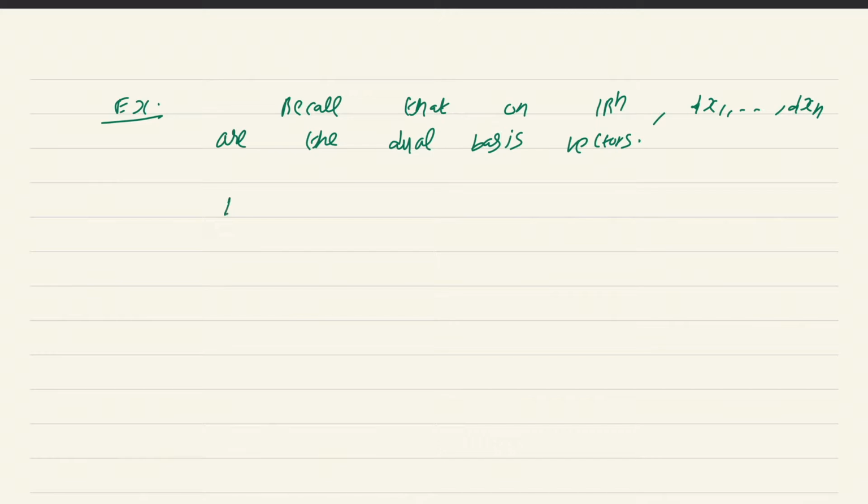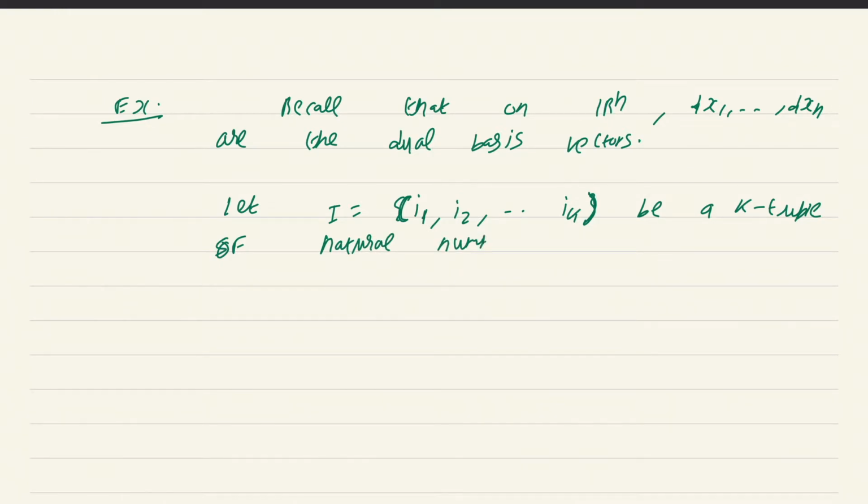Let I equal to I1, I2, ..., ik, it's a tuple actually, not a set, be a k tuple of natural numbers with 1 less than or equal to I1 less than or equal to I2 less than or equal to ... ik less than or equal to n.